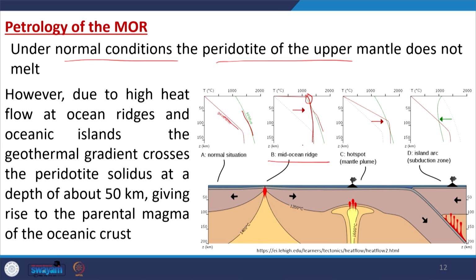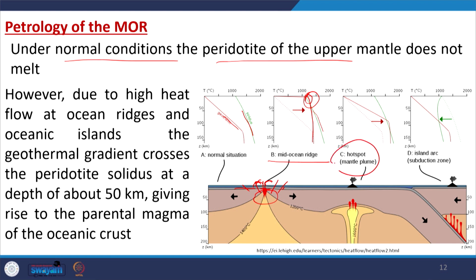That is why this melting occurs here. Once melt occurs, that melt will try to rise up, and we have a fracture zone. Through these fractures, this melt which was generated due to the decompression is coming out as basaltic magma and erupting at the mid-oceanic ridge system.